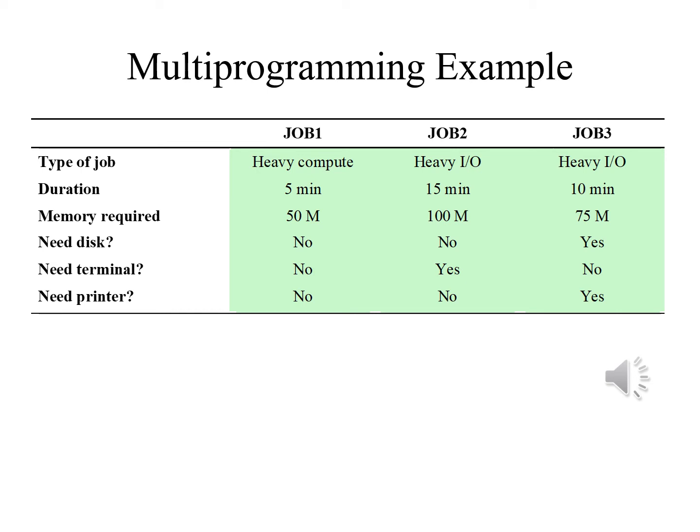For a simple batch environment, these jobs will be executed in sequence. Thus, Job 1 completes in 5 minutes, Job 2 must wait until the 5 minutes are over, and then completes 15 minutes after that. Job 3 begins after 20 minutes and completes at 30 minutes from the time it was initially submitted.